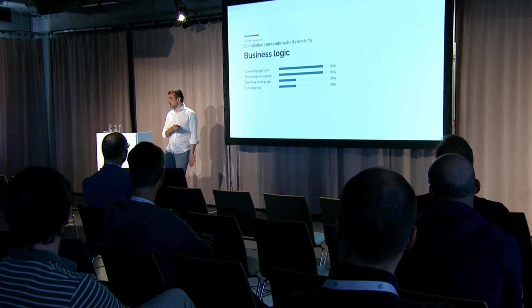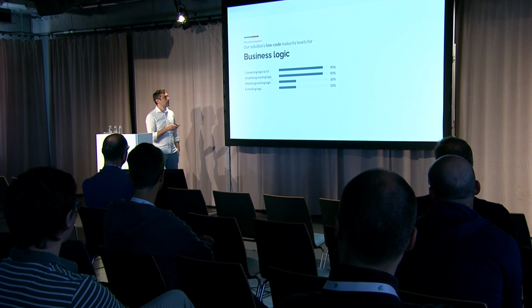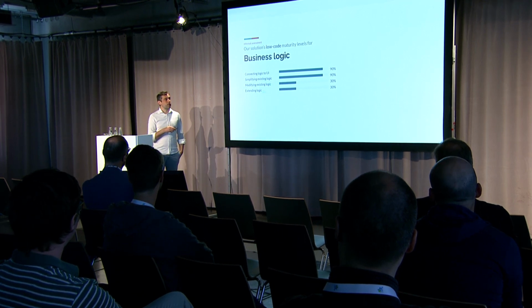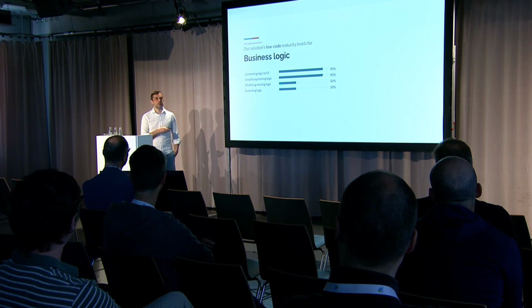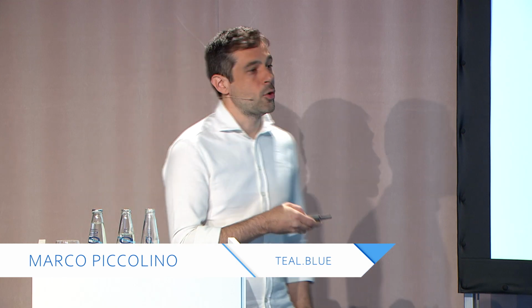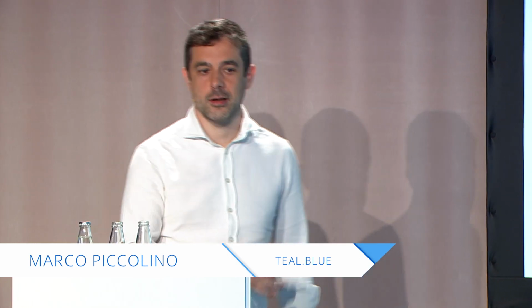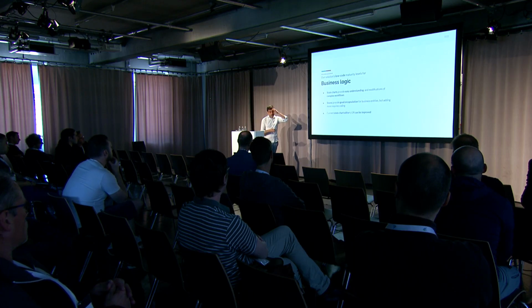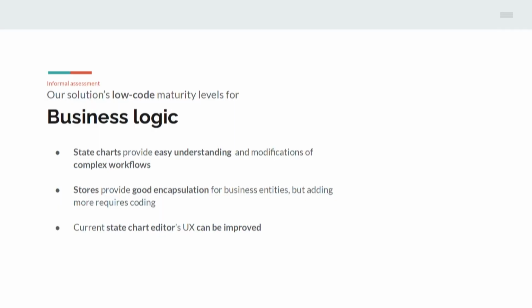Of course, not always, but they could work. Modifying existing logic and extending the logic is still a pain point because the customer needs to know how to code in that case. If you want to add more functionality, then there is no way around it. Okay, so again, this is an overview of this business logic part.